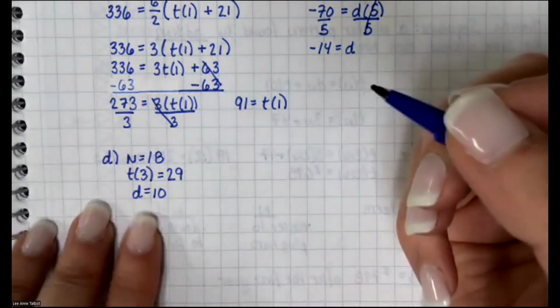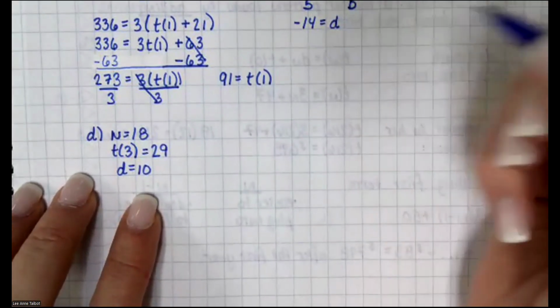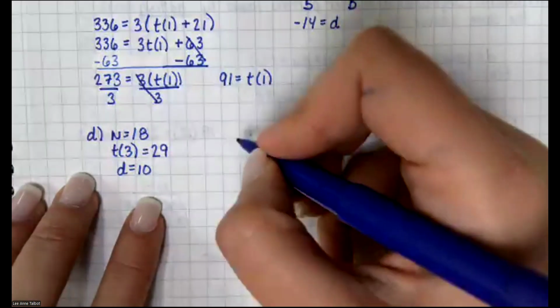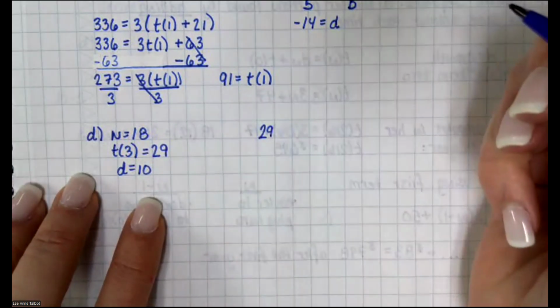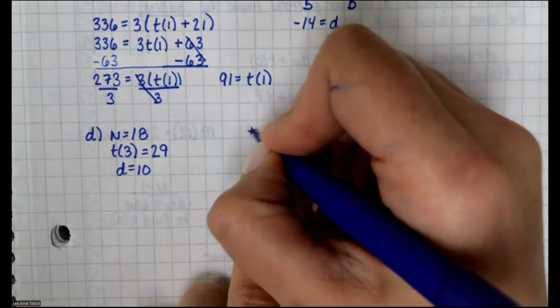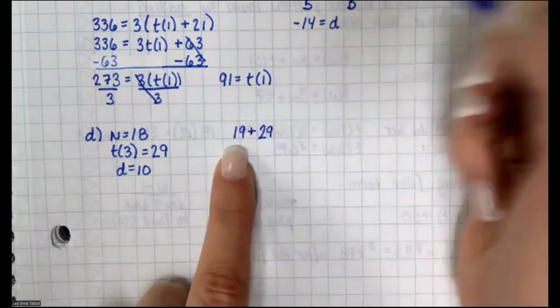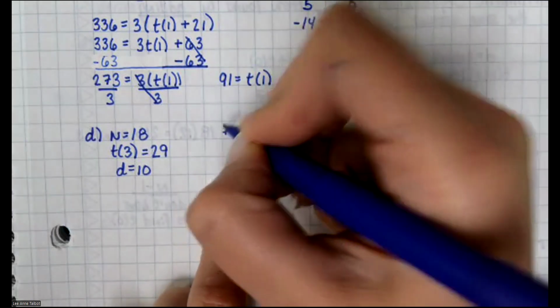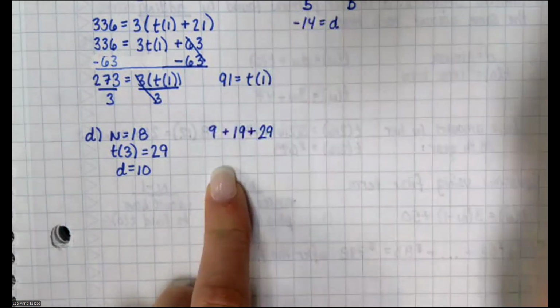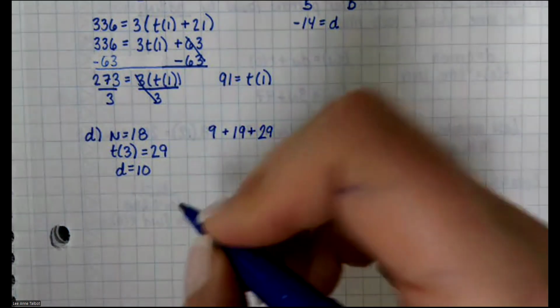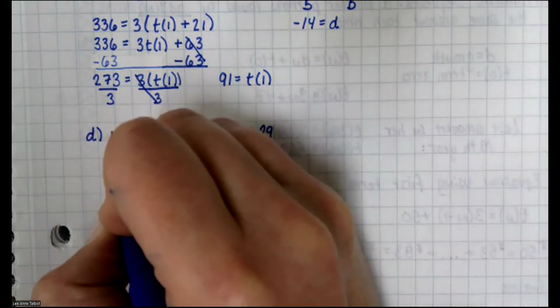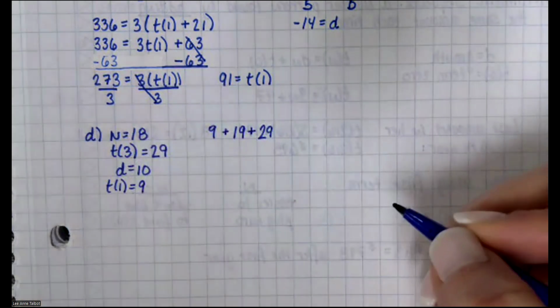Okay, now I'm going to use some common sense and not formulas at first. If my third number is 29, then I can go backwards to get the second one and then go backwards to get the first term. So term 1 is 9.